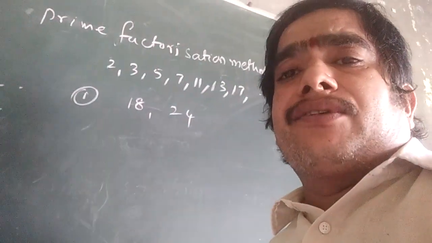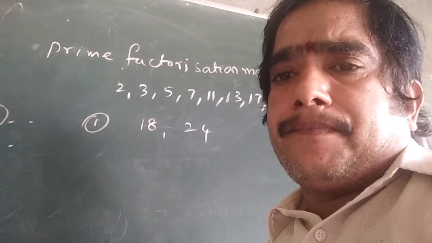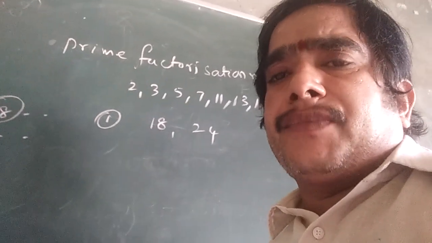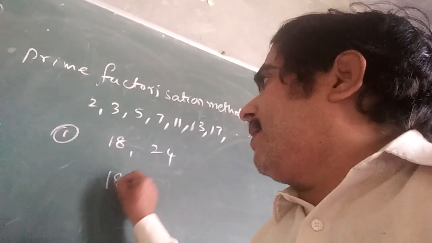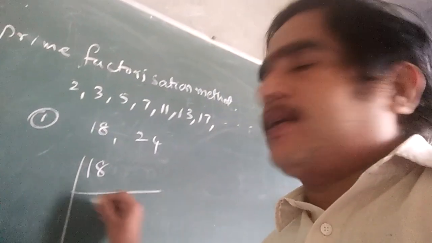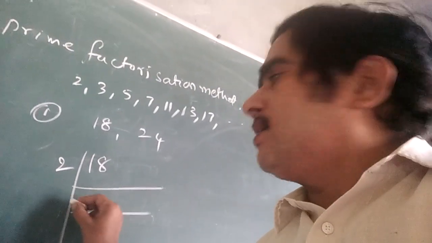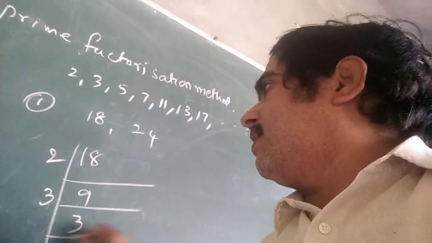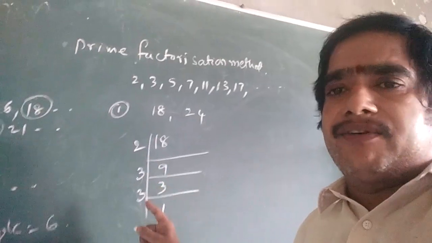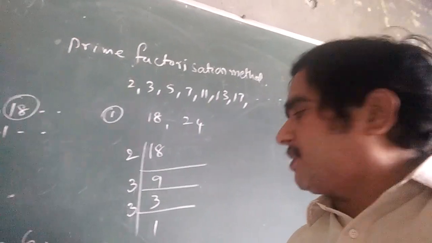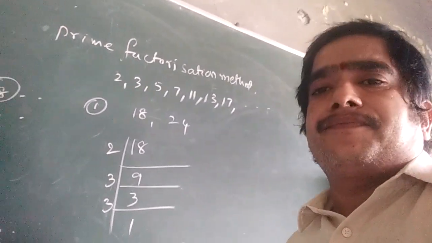For example, I am taking the numbers 18 and 24, and I am trying to find their LCM by the prime factorization method. First, 18: 2 ones are 2, 2 nines are 18, 3 threes are 9, 3 ones are 3. You are in 7th class, you know this method well. 18 is equal to 2 into 3 into 3.